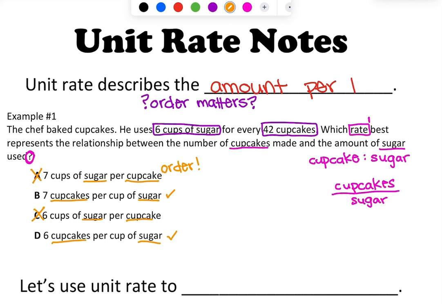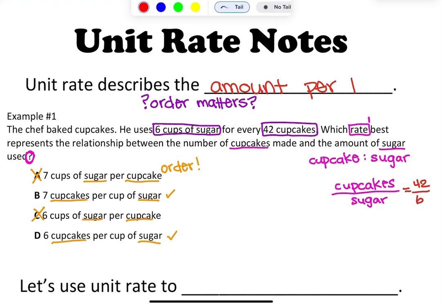So if we go back over here to our fraction and look at it, I'm going to plug in the numbers from the problem. So I have cupcakes and sugar. And up here I had cupcakes and sugar. So I have how many cupcakes? 42. And that comes directly from right here, 42 cupcakes. And then I'm going to write the number of sugar underneath, which was 6.